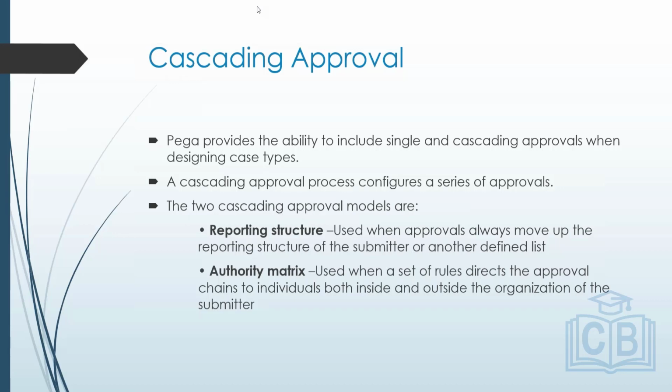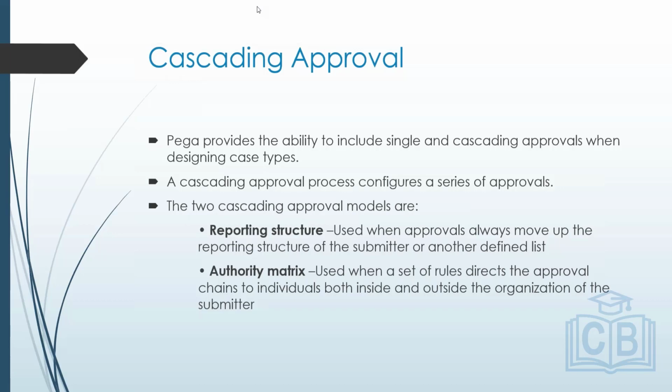Let's take a scenario where you are a project lead and you need to get some project level approvals for the budget. As a tech lead, you would request an approval from the manager. From the manager, it might go to the director of technology. From him, it might go to the vice president technology.